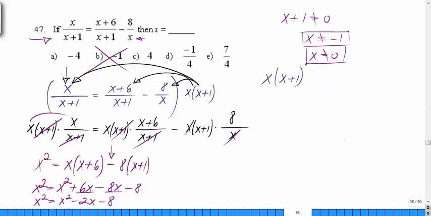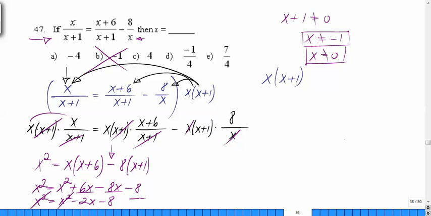Because this is a quadratic expression in x, it may change into something else, right? You should put everything on one side, but you know what? I have an x squared on the right, an x squared on the left. They will cancel each other, right?